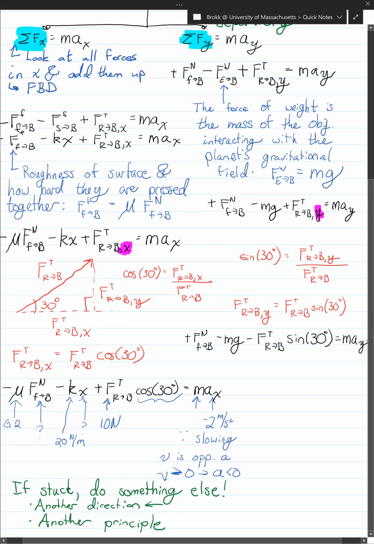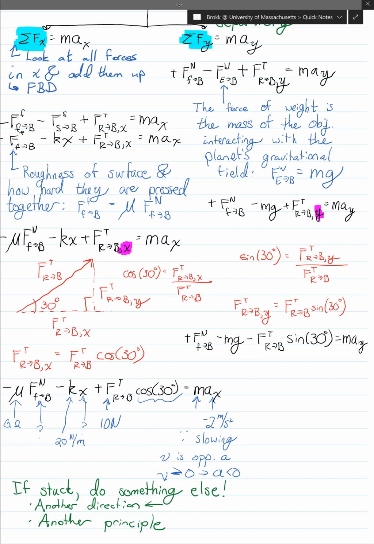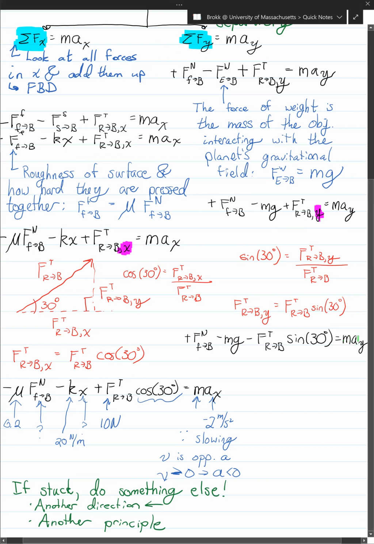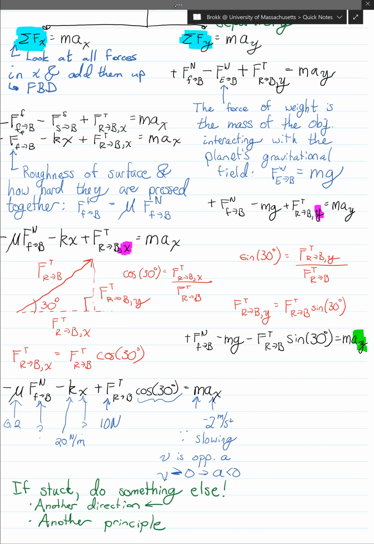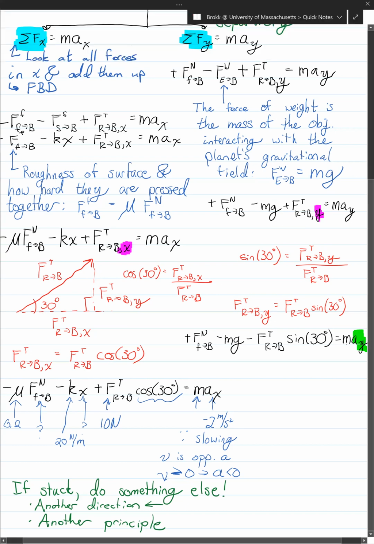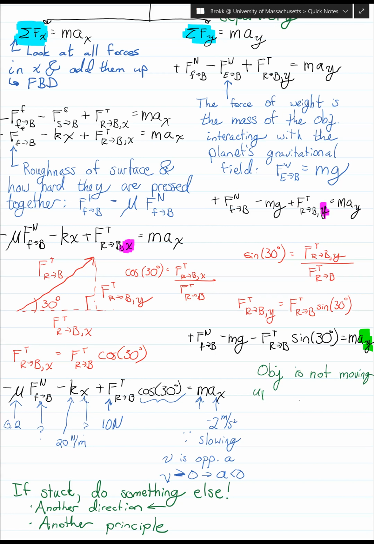Continuing on, thinking of stuff to do. We've got m a_y. Let's see if we can figure out what we can do with that. Well, my block, my object, is not moving up and down.